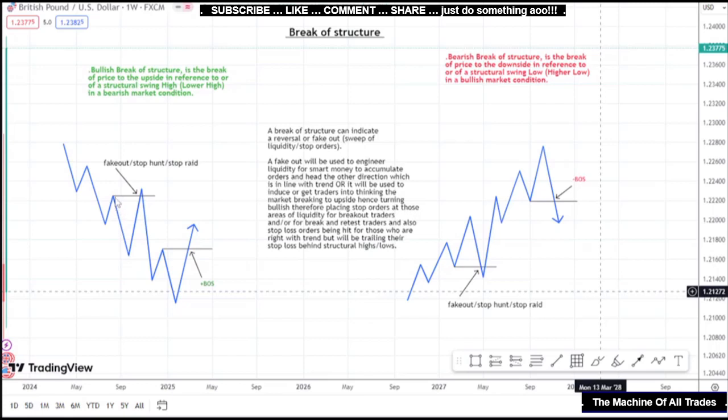Or if you were right with direction and got your sell around this level, you would have been taken out by this price leg, by this swing.